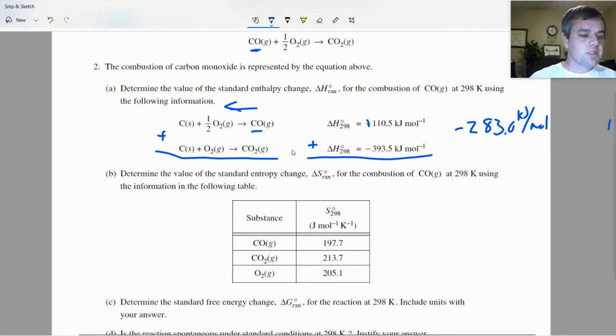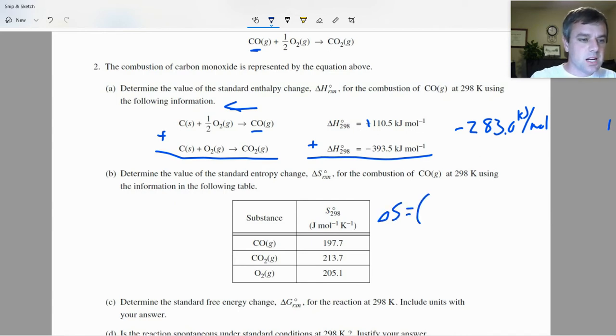Then it says determine the value of the standard entropy change for the combustion of carbon monoxide using the information in the following table. So we're going to use the standard entropies of products minus the reactants.